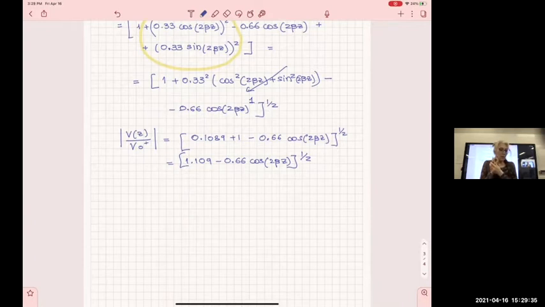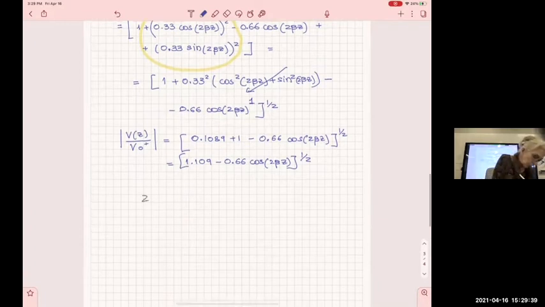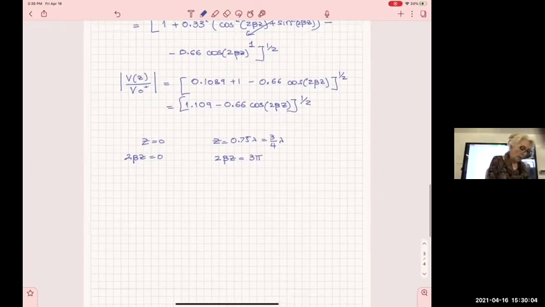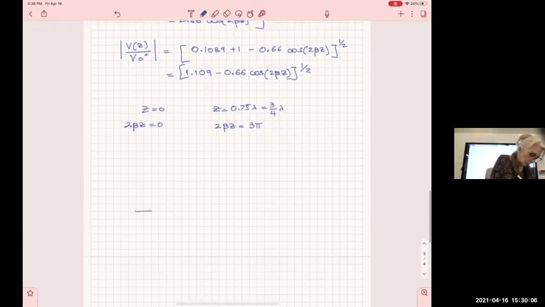Since we have cosine 2 beta z, and since from when z equals 0, to when z equals 0.75 lambda, which is 3/4 of a lambda, then the 2 beta z is going to be 3 pi, if you remember. All right, so between 0 and 3 pi, we have to find this function V of z.